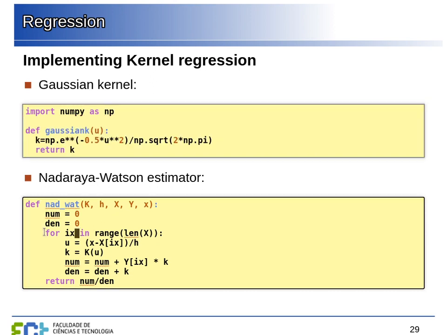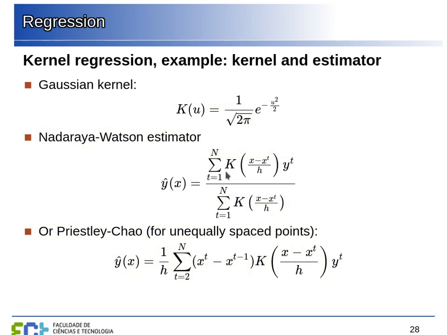But in this particular case, I'm iterating through each element of the training set, computing this difference, the kernel for that particular distance between the point we're trying to estimate and that point in the training set, and then adding this numerator and denominator here of the Nadaraya-Watson estimator so that we do a weighted average.